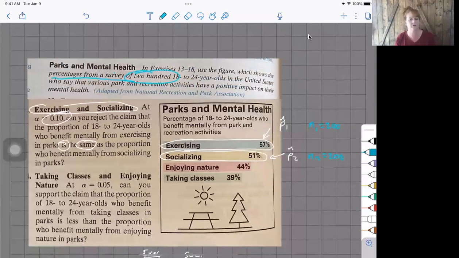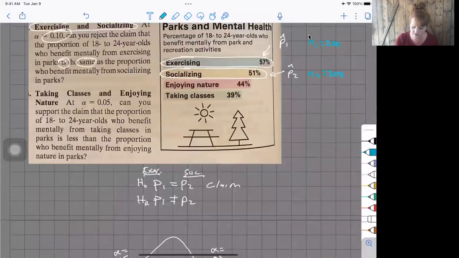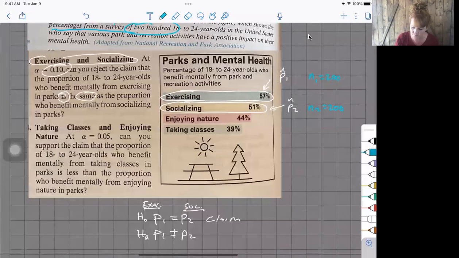Those numbers don't always have to be the same. Sometimes we take samples of different sizes for our two different populations, and that's okay. It just happens that they're the same here. So let's figure out what our values are. My X1 is going to be 200, which is my N value, times 0.57.